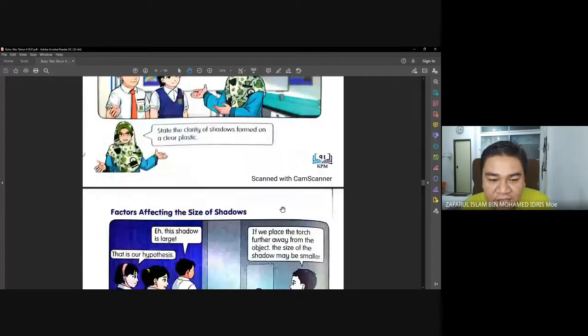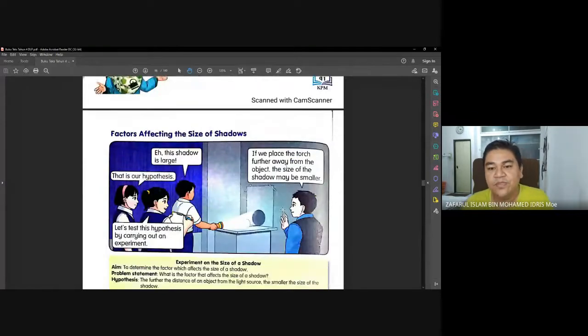Okay. So the third topic for today is factors that affect the size of a shadow. Faktor-faktor yang mempengaruhi saiz bayang-bayang.